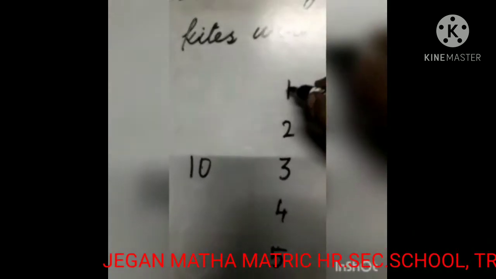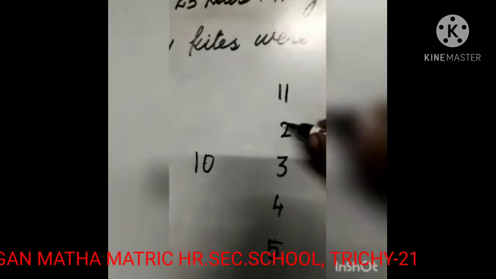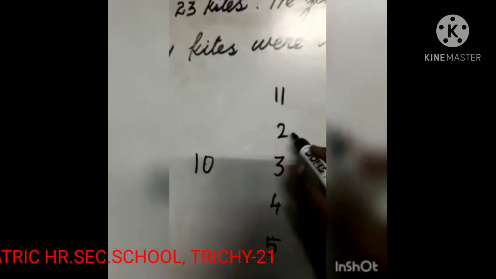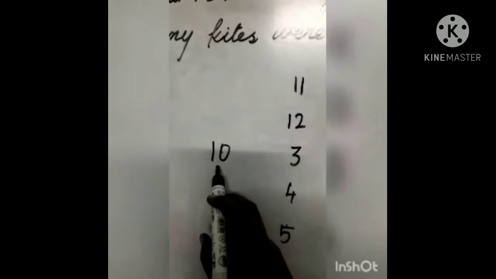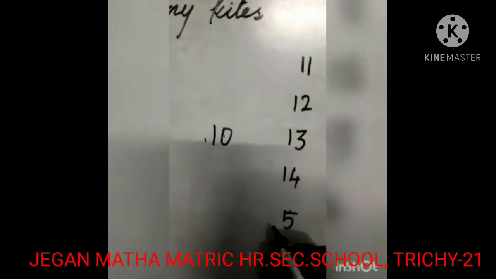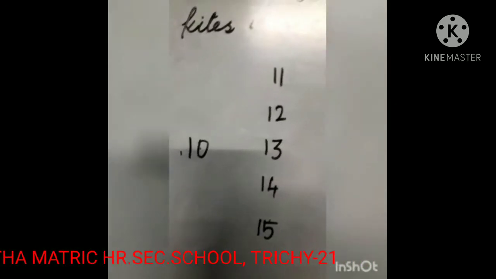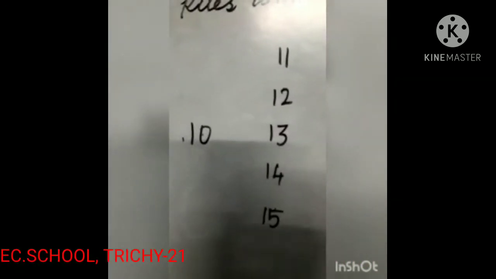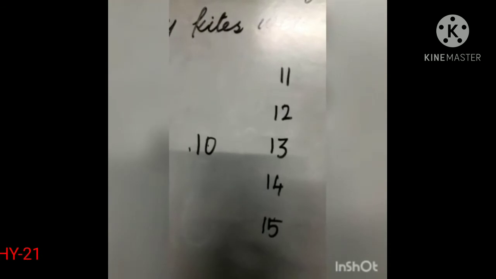What will happen? 10 plus 1 is 11. 10 plus 2 is 12. 10 plus 3 is 13. 10 plus 4 is 14. 10 plus 5 is 15. Now we can enter into the sum.